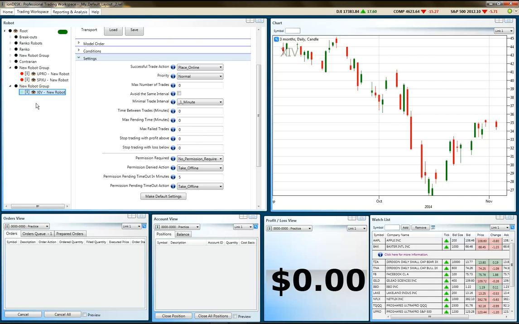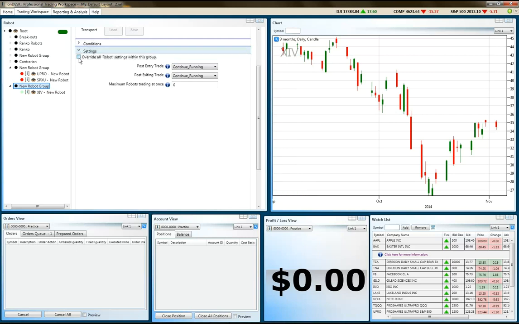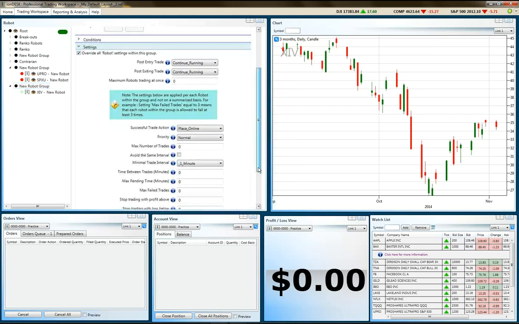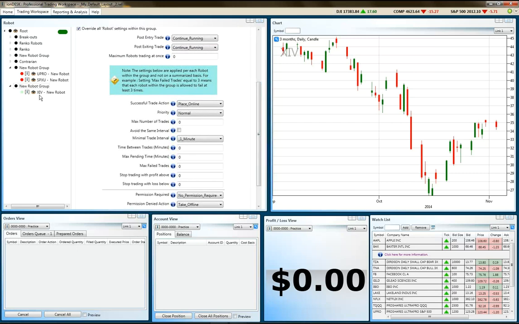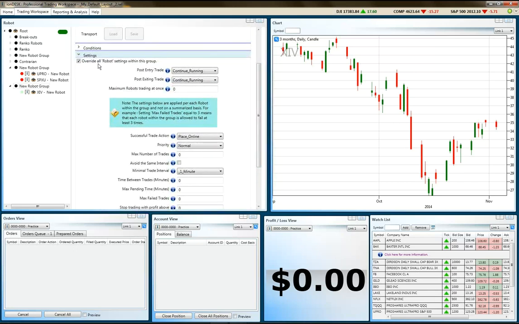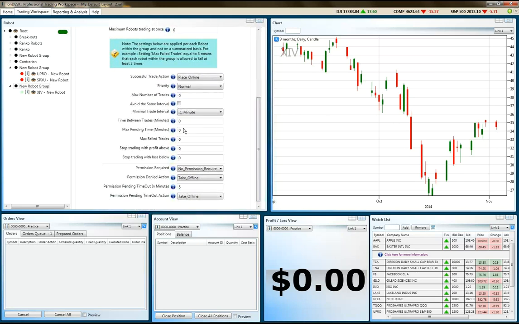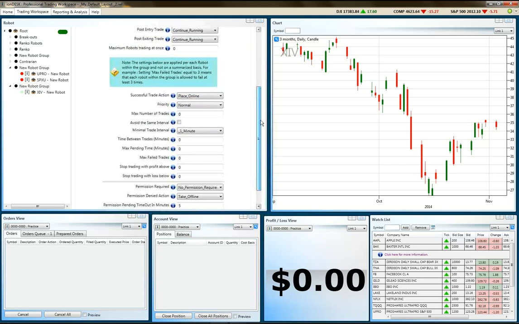Now, note when you make those settings at the group level, they are still per robot. Let's say you had 10 robots looking for an opportunity, but you didn't want to configure each one of them. You can override all of the settings within the group and then apply these settings to those robots without having to go to each one of them. Does that make sense?